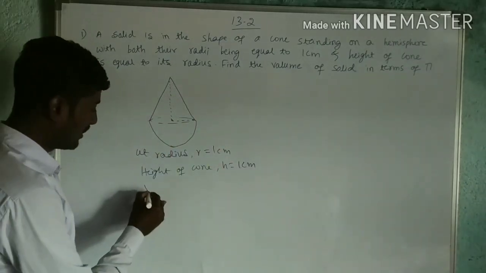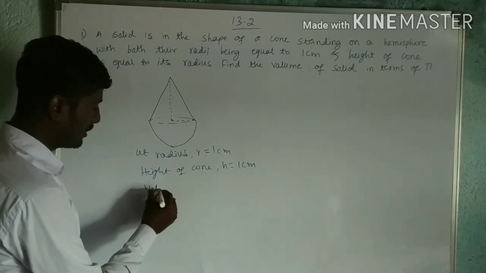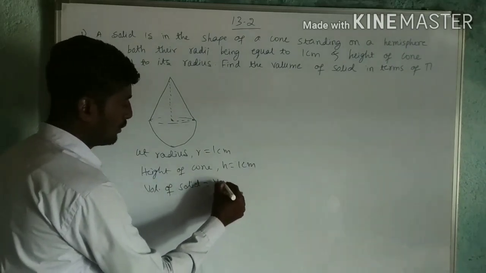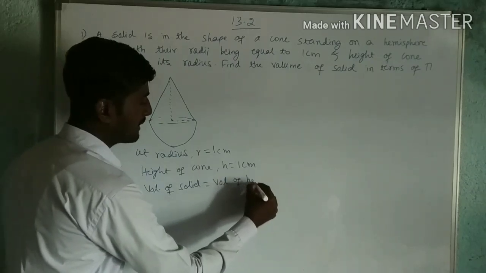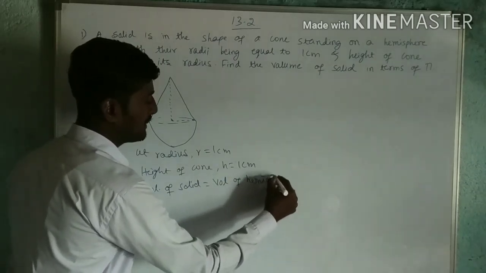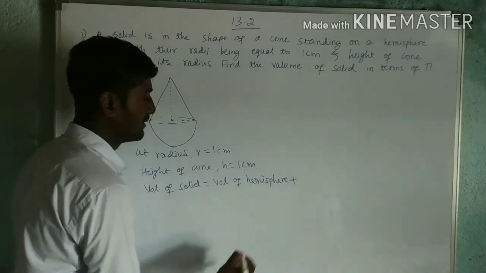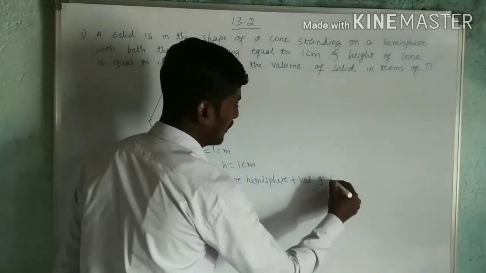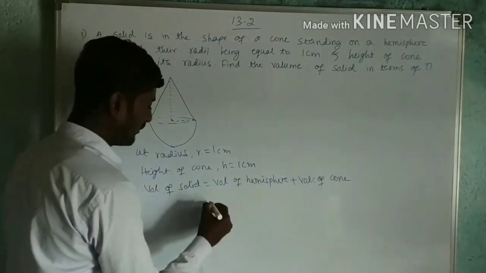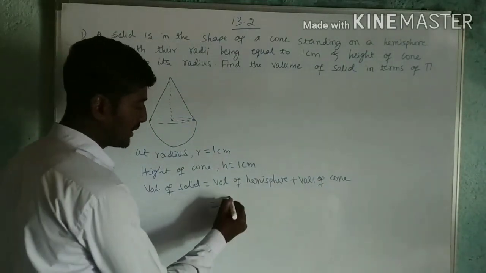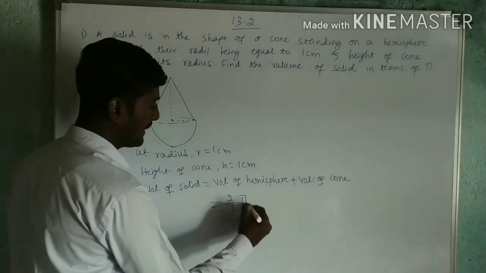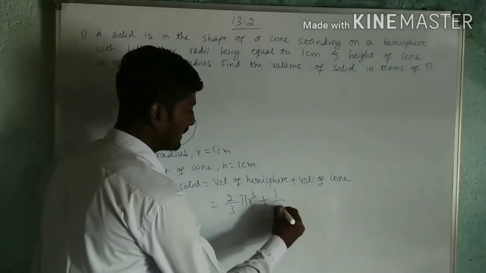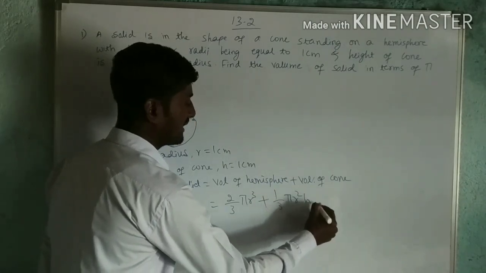So volume of solid is equal to volume of hemisphere plus volume of cone. Now let us write the formula. Volume of hemisphere, already we know, is 2 by 3 pi r cube, plus volume of cone, that is 1 by 3 pi r square h.